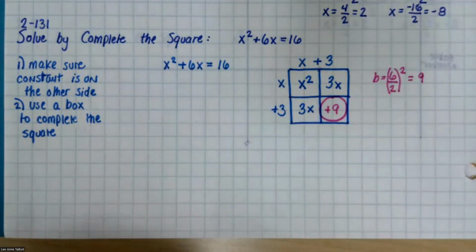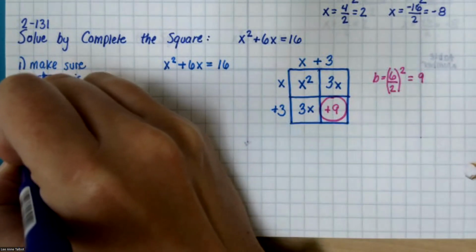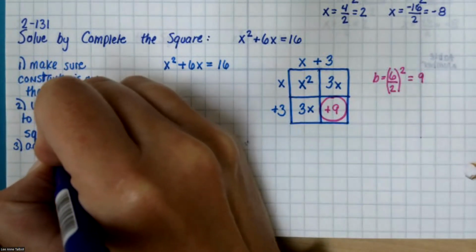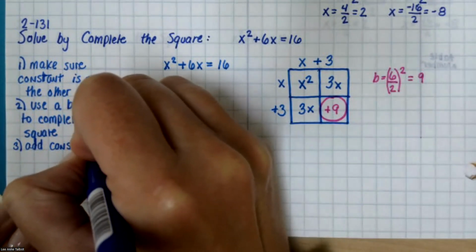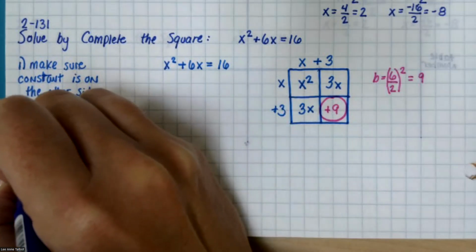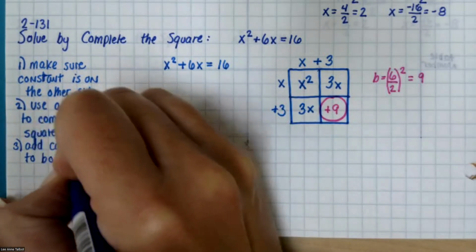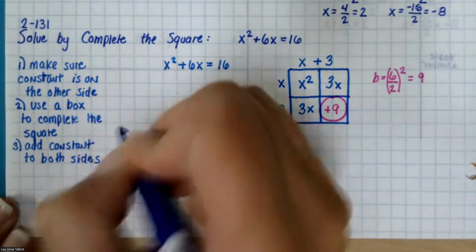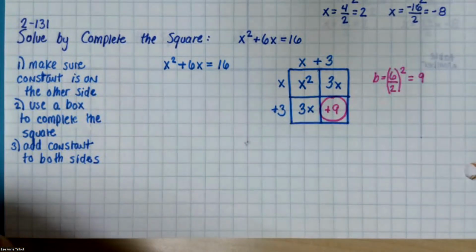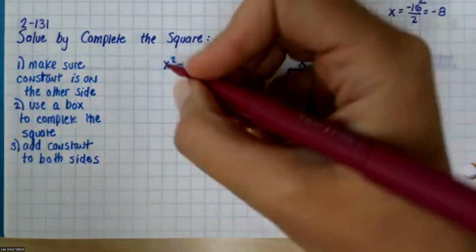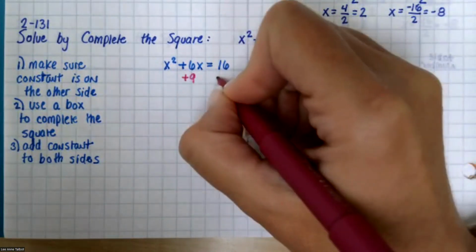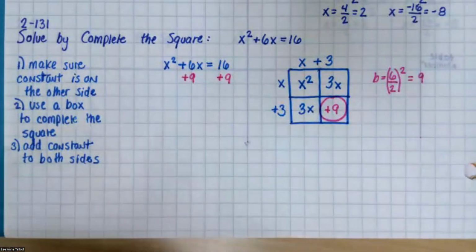Okay, anyway, step 3. Add constant to both sides. Okay, so what that means is I'm going to plus 9, plus 9.